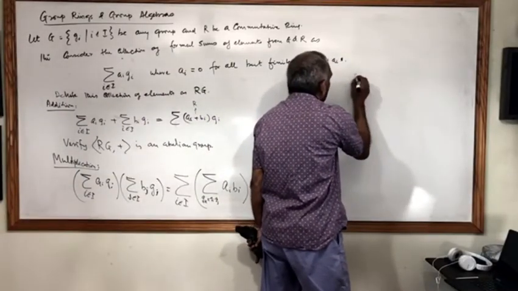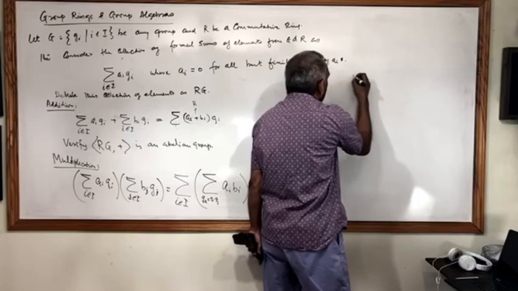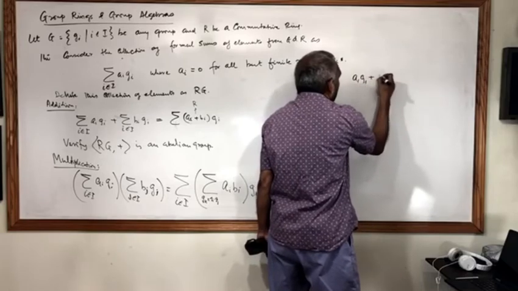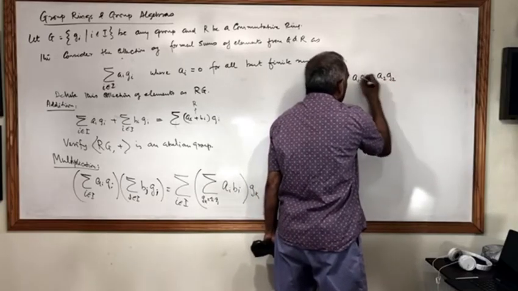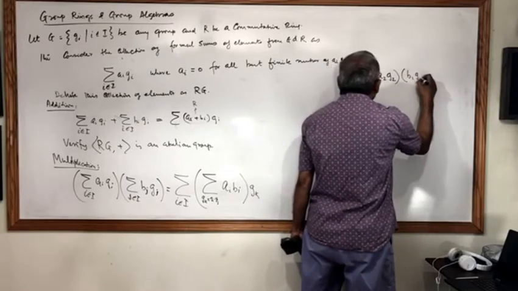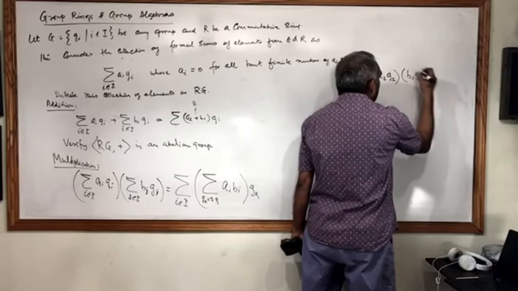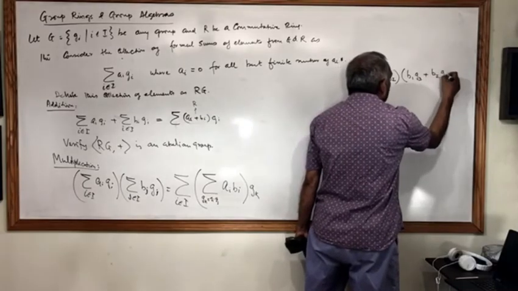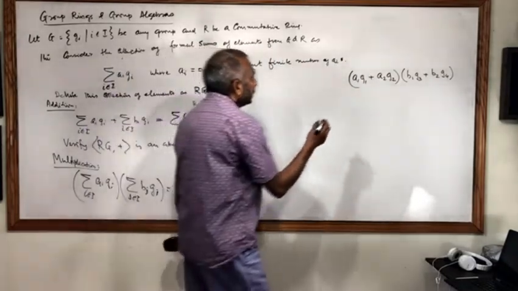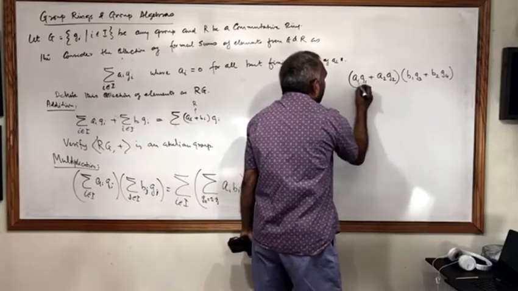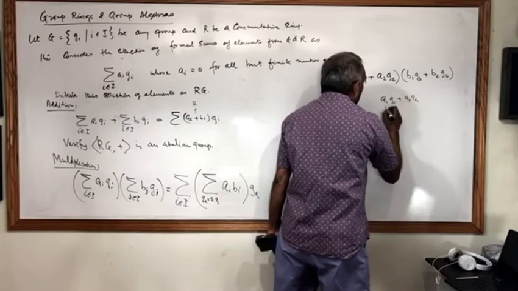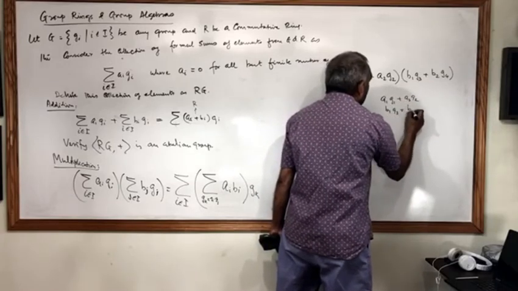If you take two elements, let us say A1 G1 plus A2 G2 times B1 G3 plus B2 G4, then we are multiplying like this: A1 G1 plus A2 G2, times B1 G3 plus B2 G4.